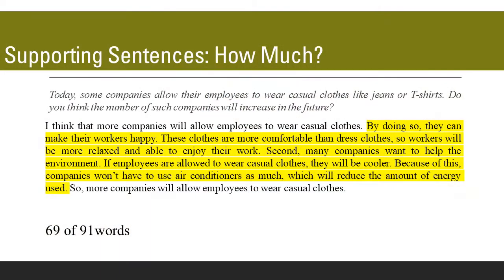Let's take a look at one more example. In this example, you'll see the question was about companies and wearing casual clothes. In this one, the entire answer is 91 words long, and the supporting sentences account for 69 of the 91 words that you write.